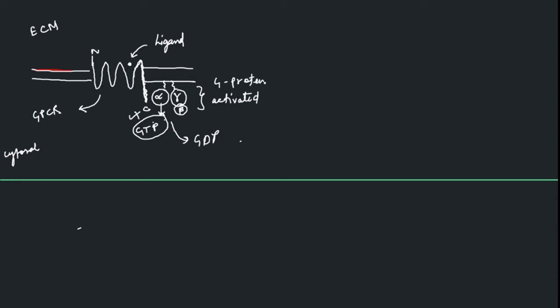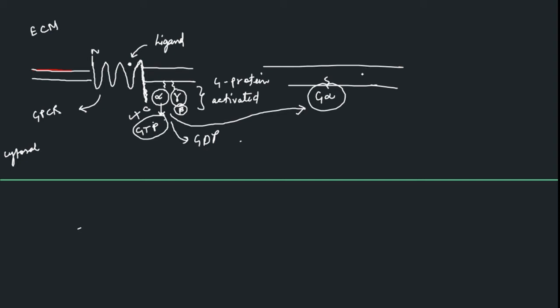It gets activated, and upon activation, this G alpha dissociates from the beta gamma complex, and it performs its effector functions by interacting with another protein known as adenylyl cyclase.